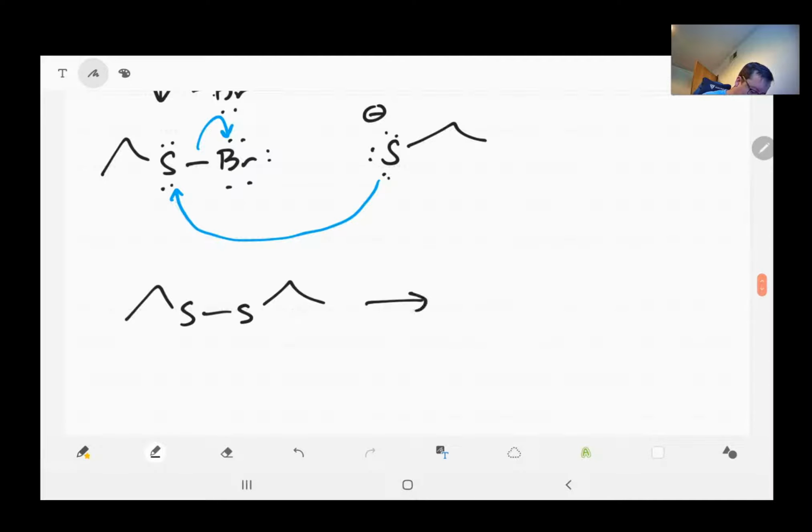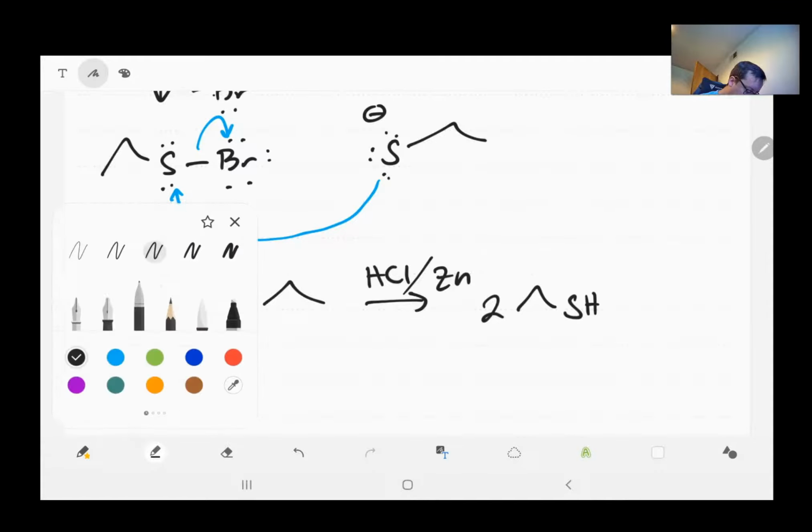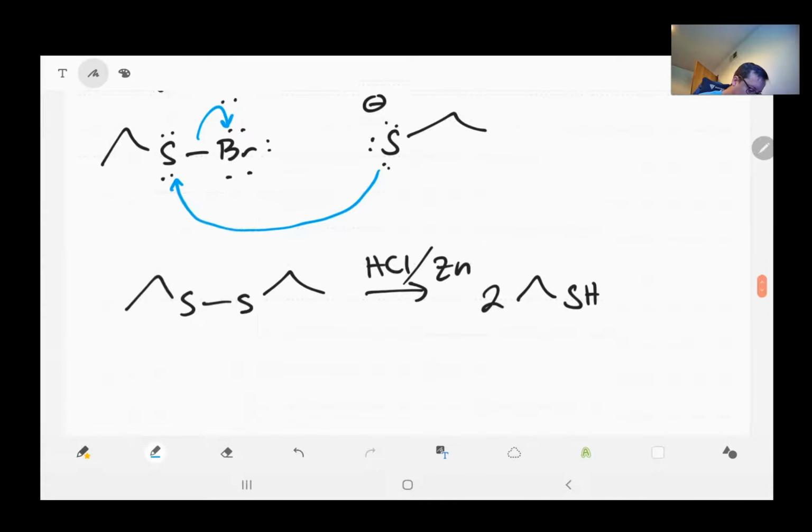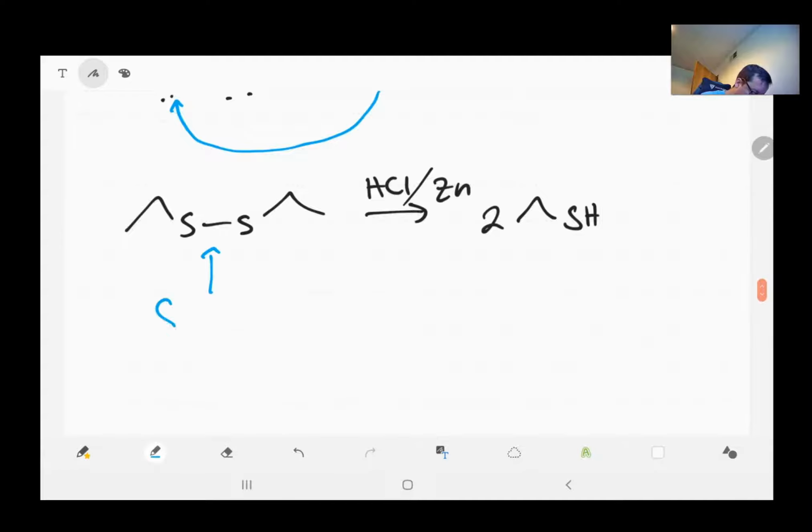You can also say, okay, I don't want you anymore. You can throw in a reducing agent, such as HCl and zinc, and you'll get your thiol back out again. What's interesting about this is that this bond is about half as strong as most other covalent bonds.